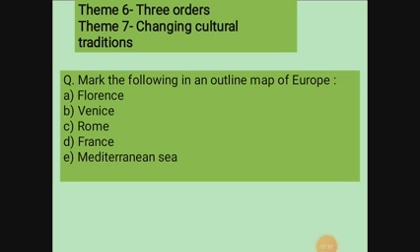Now next I am covering theme 6, that is the 3 orders, and theme 7, that is changing cultural traditions. Now in these two chapters, some of the important places we have come across that you need to know are Florence, Venice, Rome, France, and Mediterranean Sea. Right? So let's see in the map.